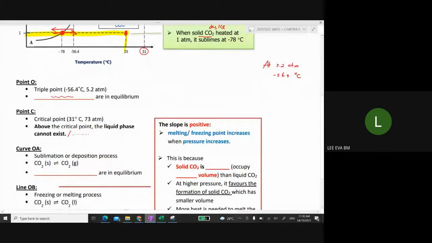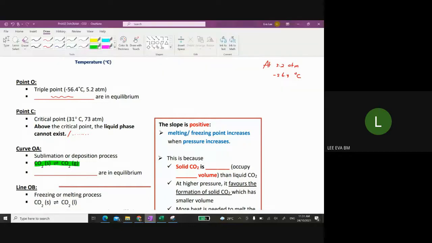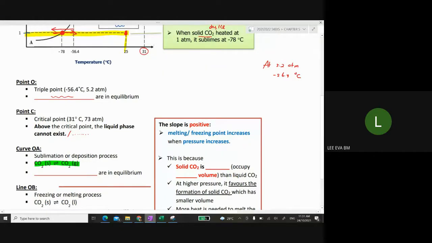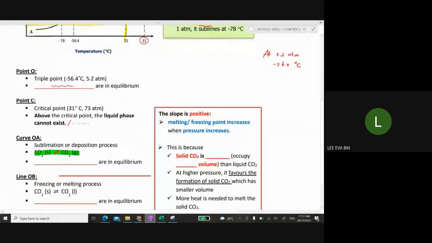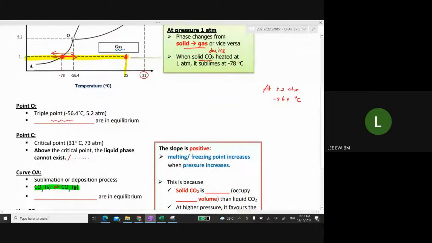If you want to refer to carbon dioxide, you can also write the equation this way. Along the curve OA, you can find solid carbon dioxide as well as gaseous carbon dioxide, so we use the equilibrium symbol. This symbol means both solid and gas phase exist at the same time. That was referred to as your curve OA.